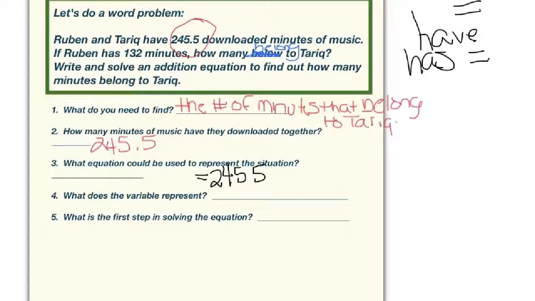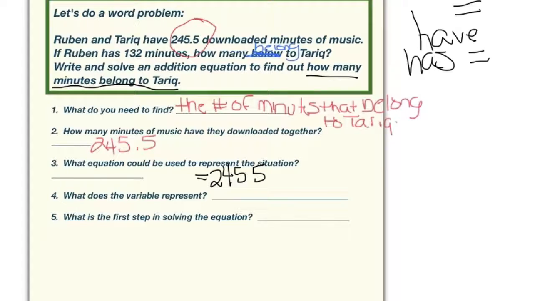So I'm going to write that in. Then we want to find the variable. That's usually found in the question. Write and solve an addition equation to find out how many minutes belong to Tariq. That's what we need to find, how many Tariq has. So that's going to be T. Now how do we find T?